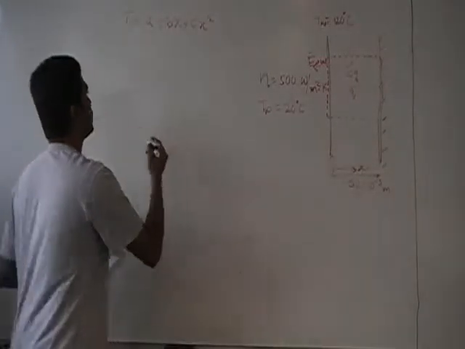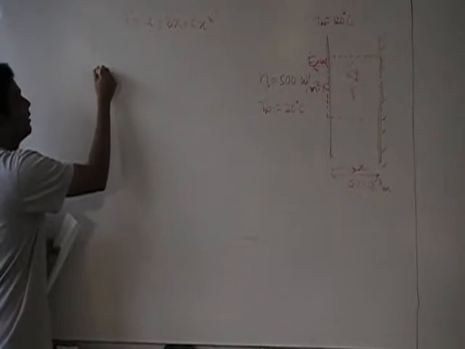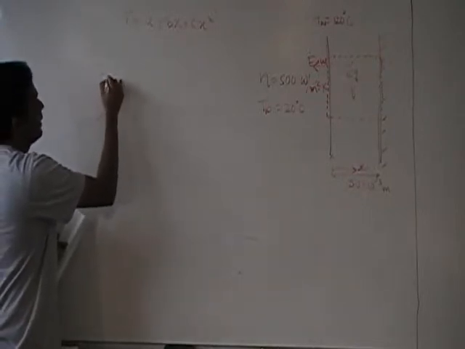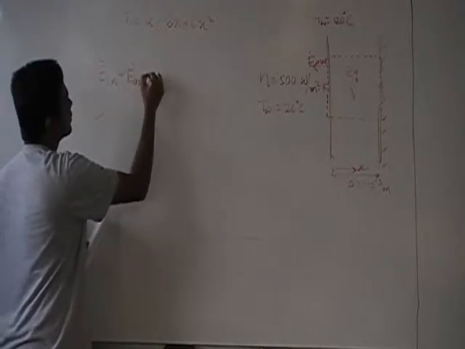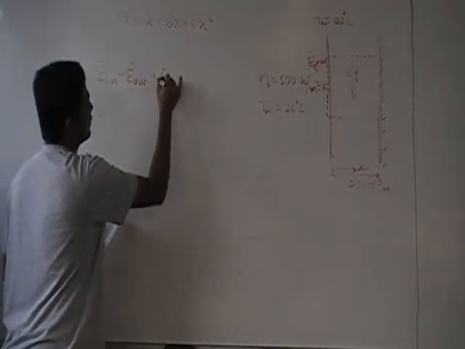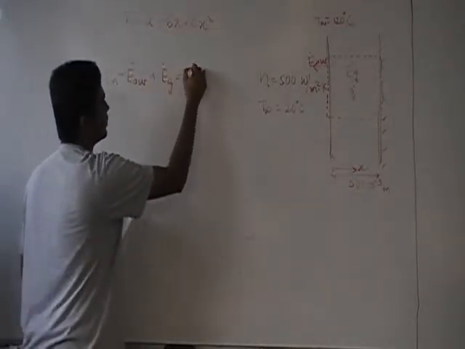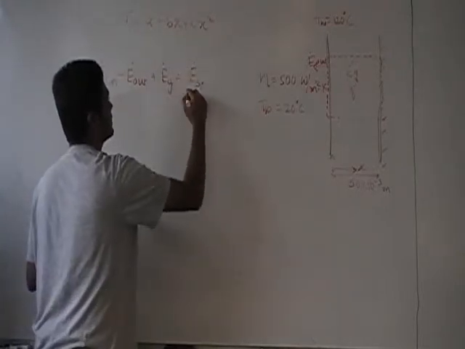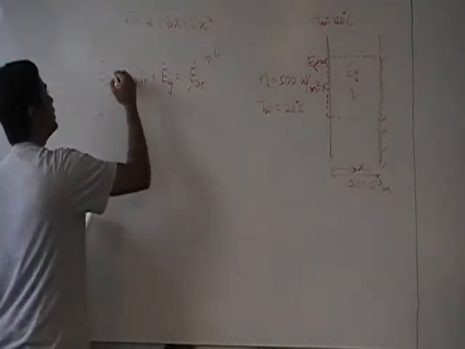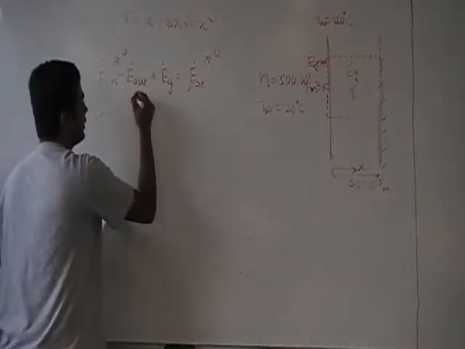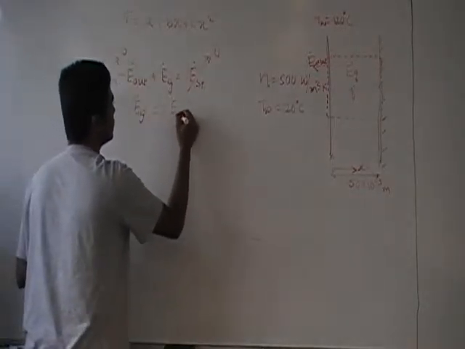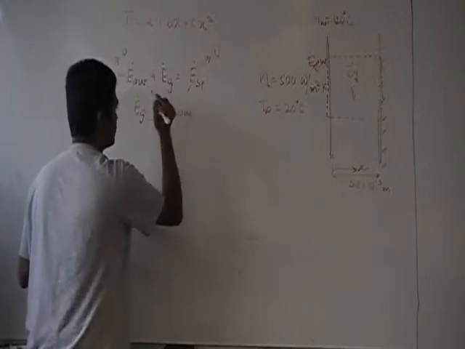So writing down the energy balance equation, we have E in minus E out plus E generated is equal to energy stored. It's a steady state problem. This goes to 0. There's nothing coming in. So we have the energy that's being generated is the energy leaving the control volume.